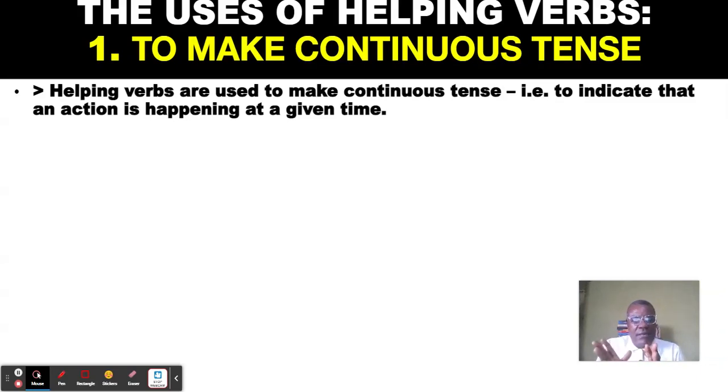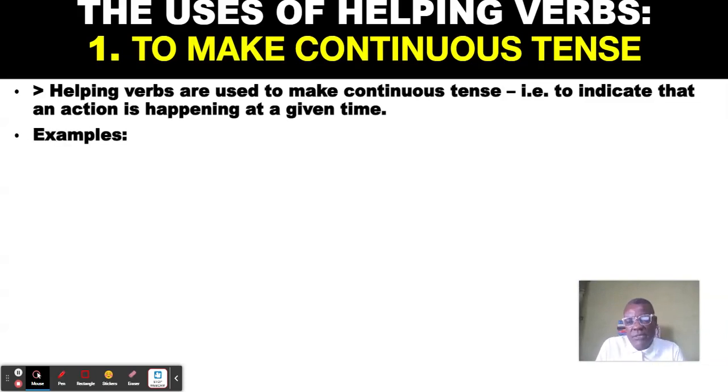And I am creating a video lesson on helping verbs, okay? Or I am discussing the topic helping verbs, the uses of helping verbs. So what you are doing or what is happening at a given time can be expressed with continuous tense.